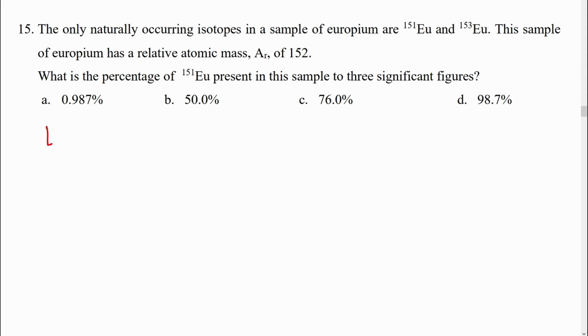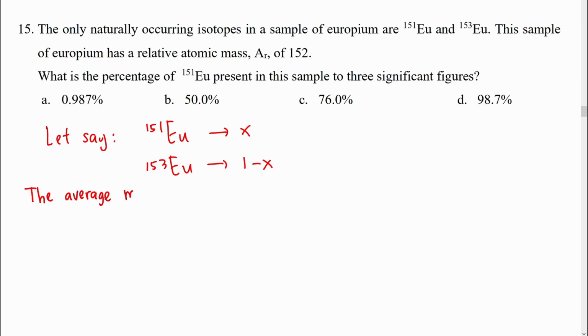So in this case, let's say 151 Eu is X. So the fraction of 153 Eu is going to be 1 minus X. So how is the average mass? This is going to be 151 times X plus 153 times 1 minus X equals to 152.